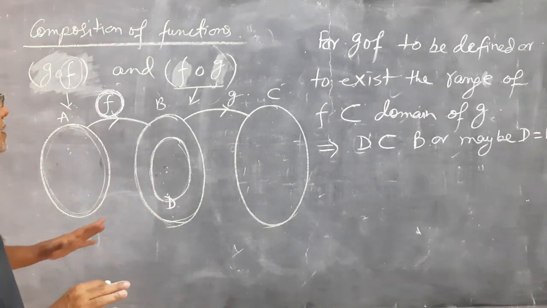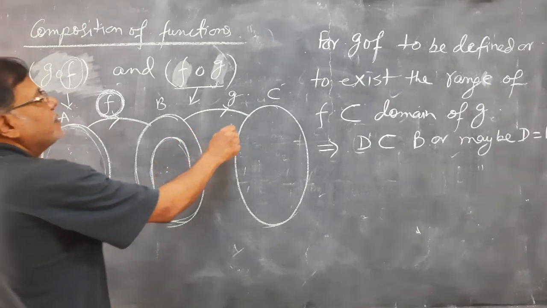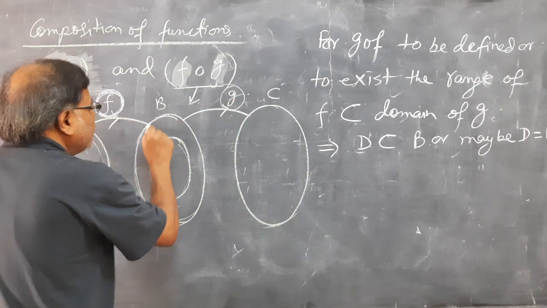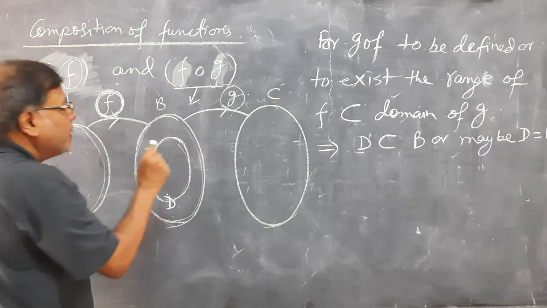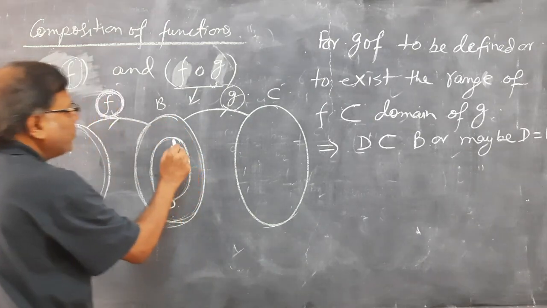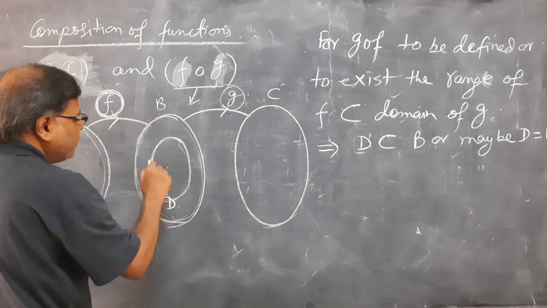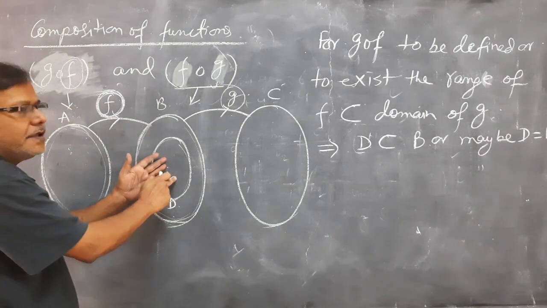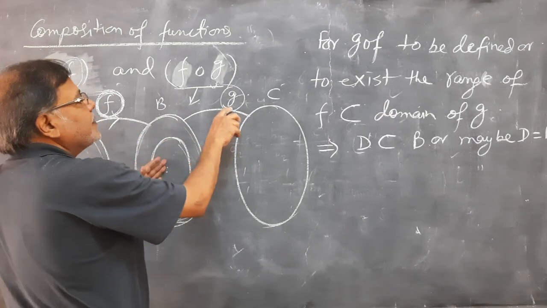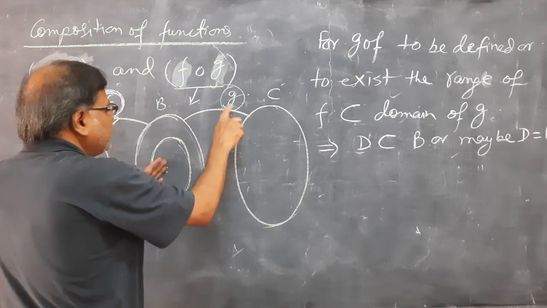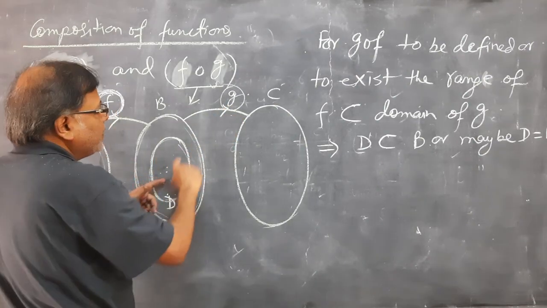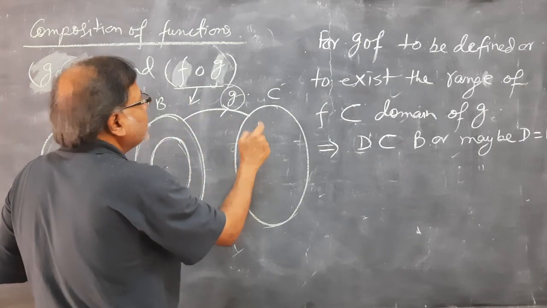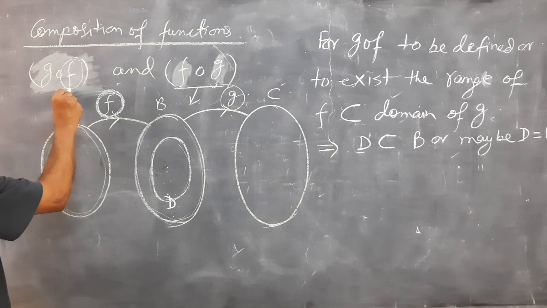Alright. After that you see, I have written g. Now you forget about this part and focus on this one, and don't focus on the remaining part of capital B outside of this. Whatever elements are present in capital D, their g images will be obtained when we operate g on the elements of this one, and that will give you g of f(x).